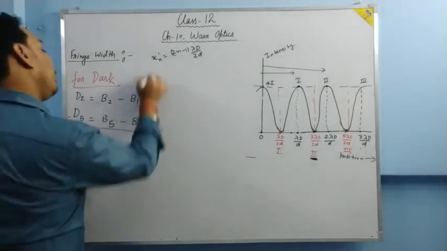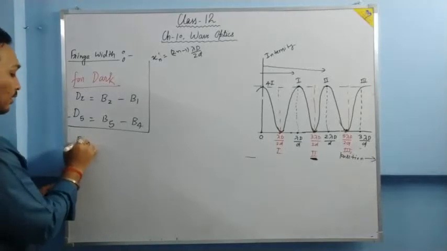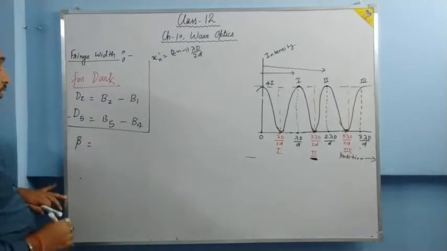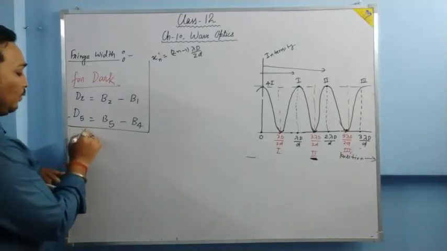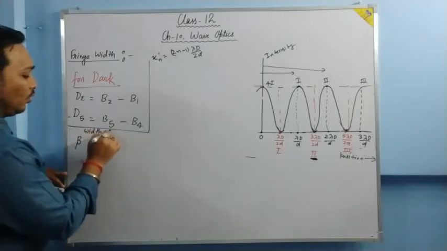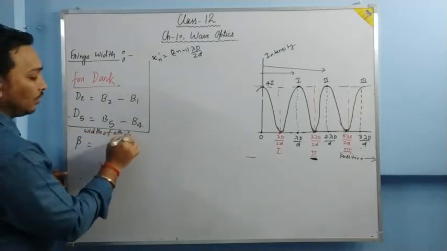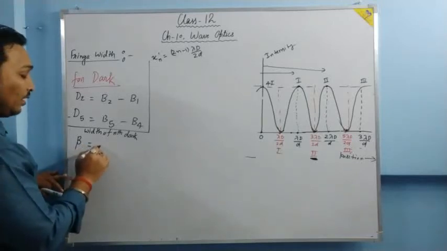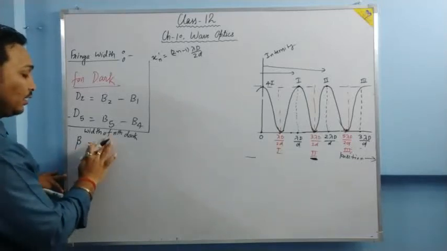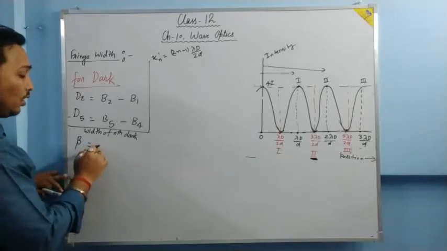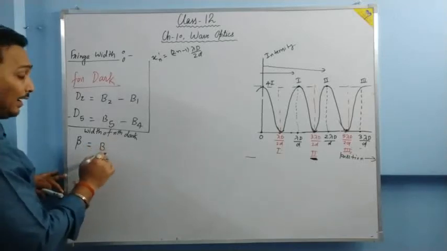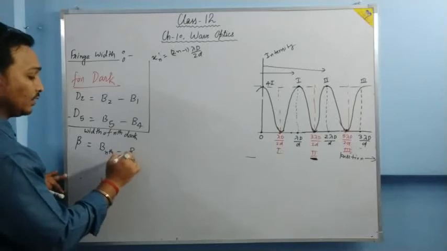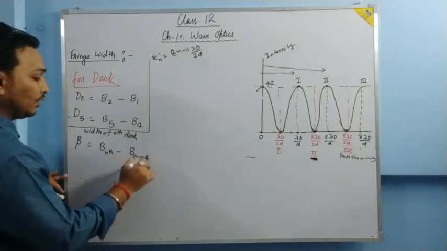So if we see the pattern, then the width of the nth dark fringe, beta, is equal to the nth bright minus the (n minus 1)th bright.